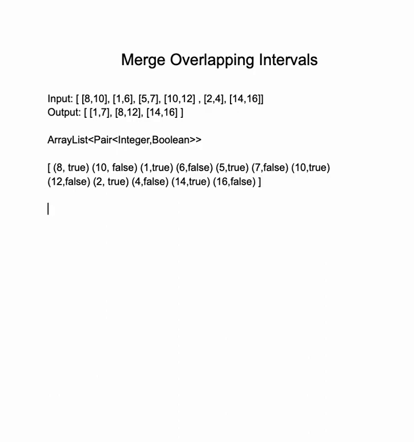Now in the next step, we need to sort this array list based on the key. The key is nothing but either the starting time or ending time. Now here comes the trickier part. While sorting, if there exists a scenario where the key is the same for both pairs, in this example, consider that 10 comma false and 10 comma true are two such pairs where the value of the key is the same.